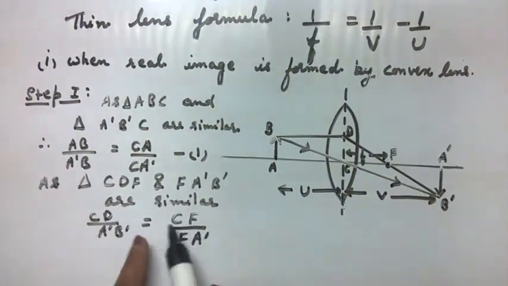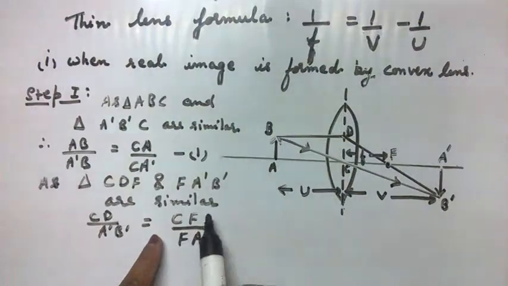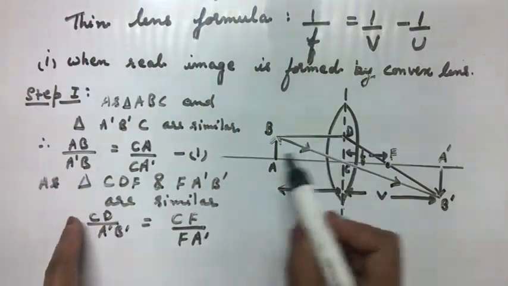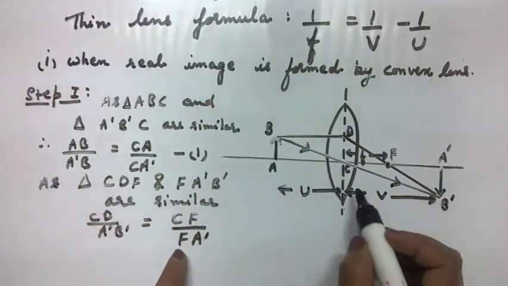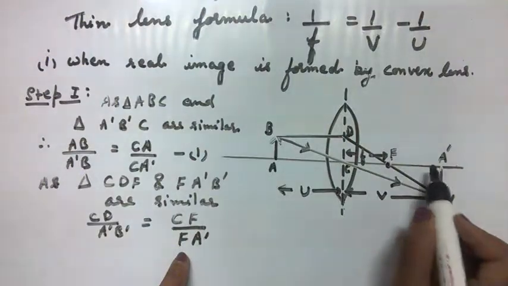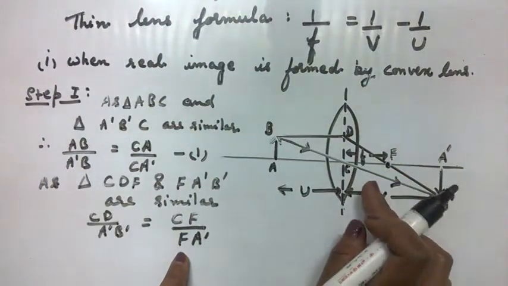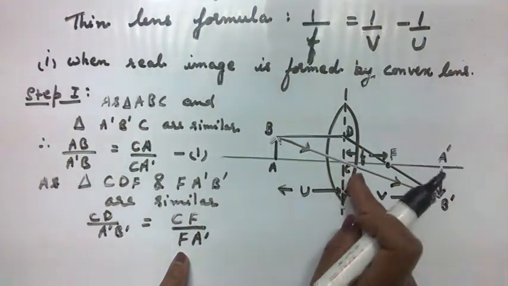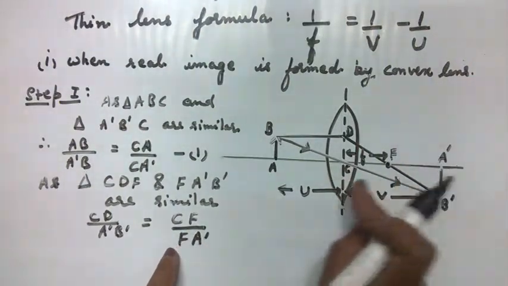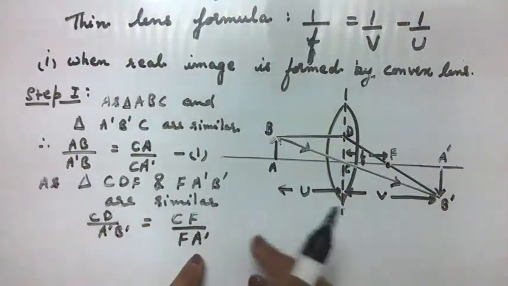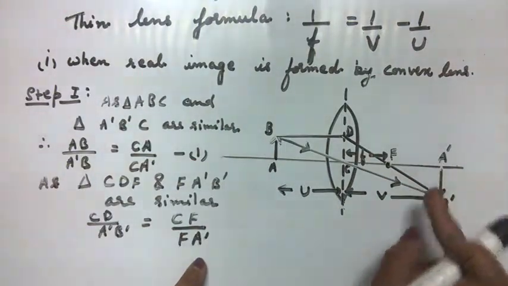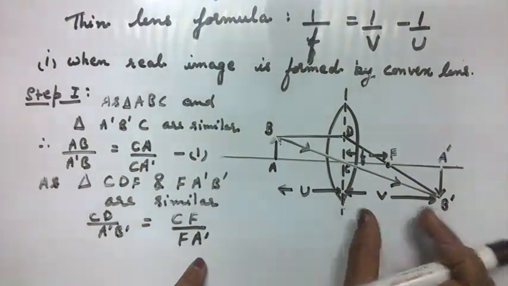Now here in this equation, we can see that CD is equal to AB, and this FA dash can be written in terms of optical center as we measure all the distances from the optical center. So FA dash can be written as CA dash minus CF.